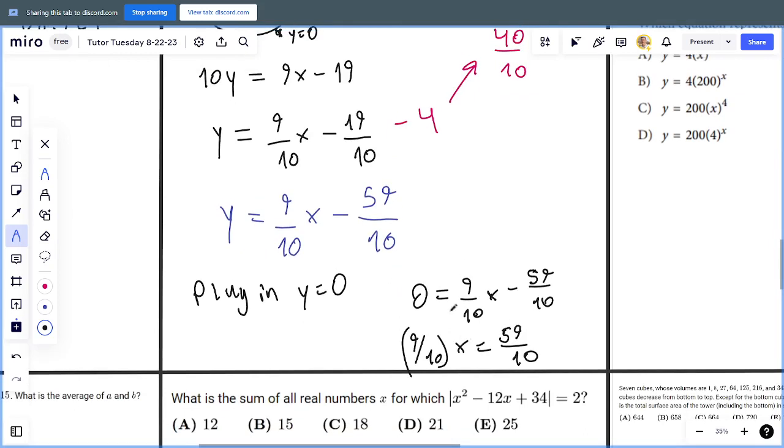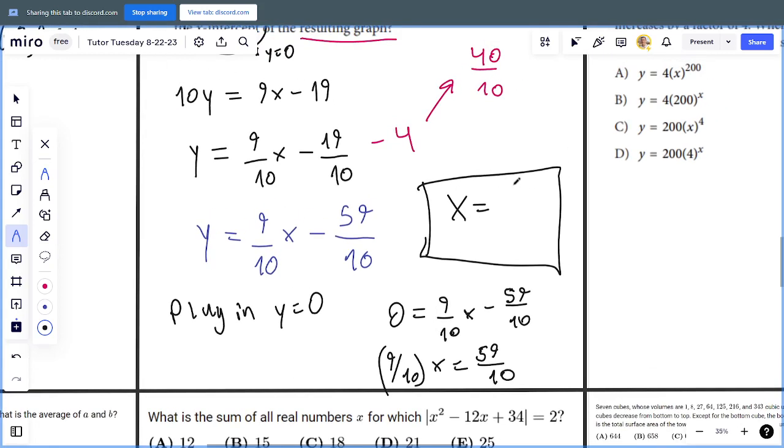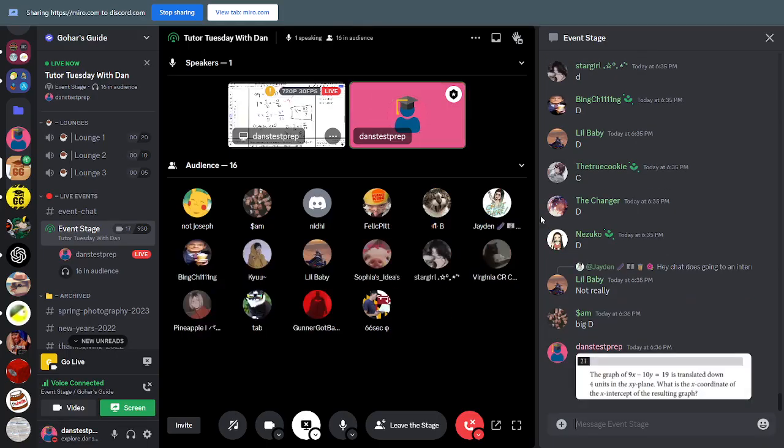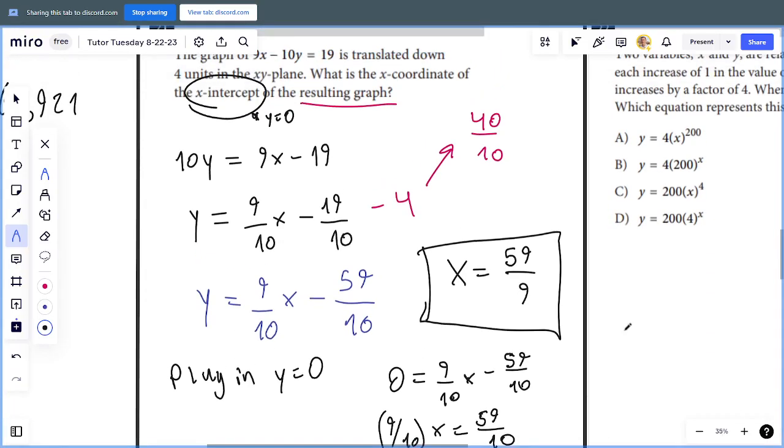Or if you solve for x, we get that x is equal to 59 over 9. You could also grid in a decimal like 6.555. Wow. No chat messages for that one. Was that all clear to follow?